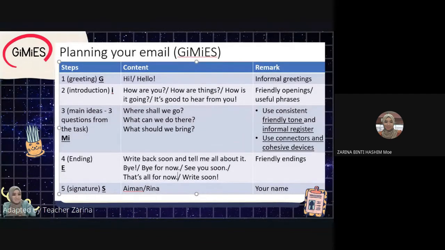For email, just remember the steps as GIMMIES, the technique for you to easily remember the steps in writing an email.